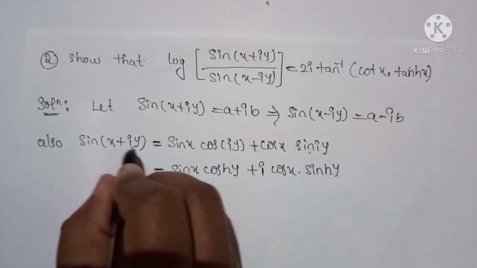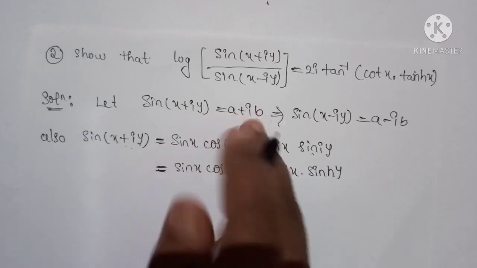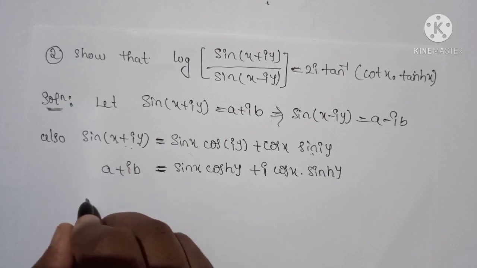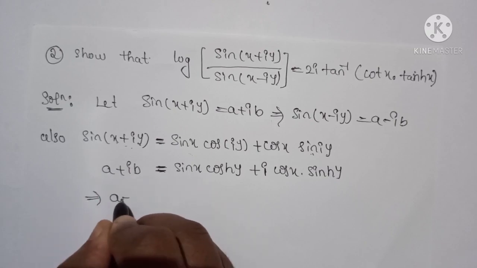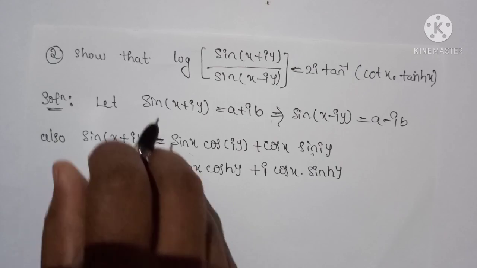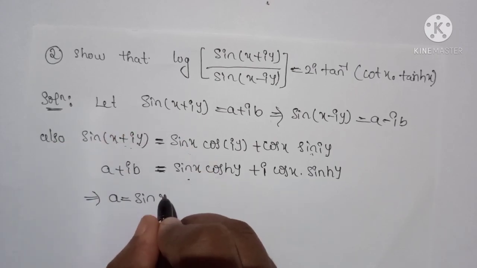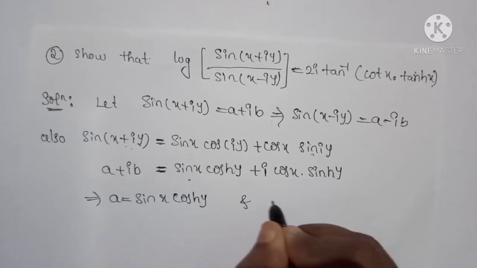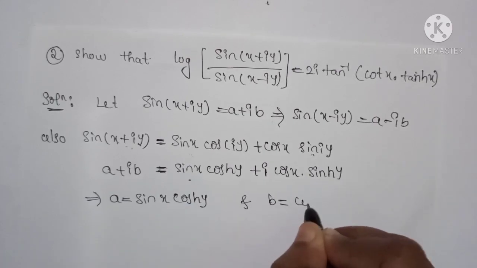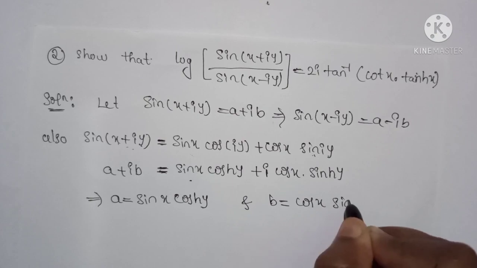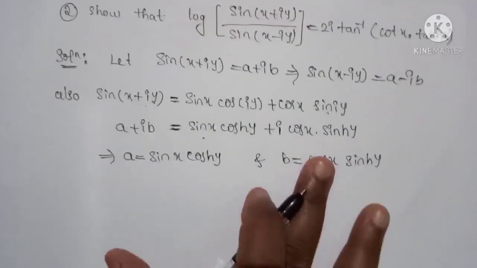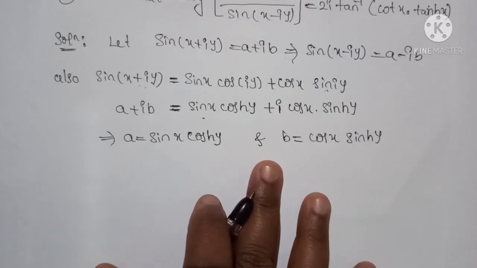So sin of x plus iy means a plus ib, which implies that a is equal to the real part, sin x cos hy, and b is equal to cos x sin hy. So do remember these two things. Okay, now let's begin.